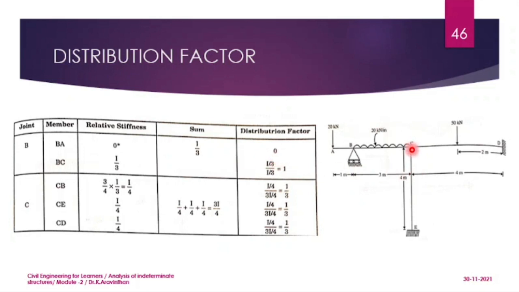And next is joint C. From C to B, the opposite end is hinged, hence it is 3 by 4 I by L. And if the opposite end is fixed, that is C to D, and C to E, the end is fixed, hence it will be I by L, I by L. You have to sum this, add all the values, you will be getting 3I by 4.